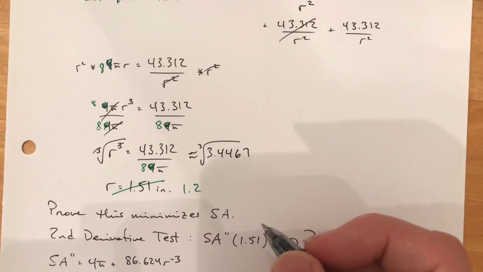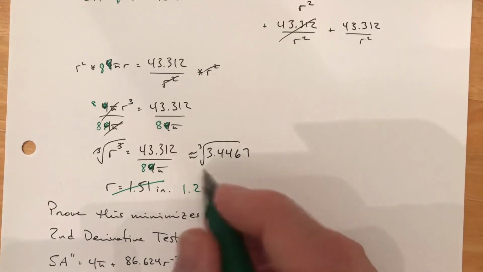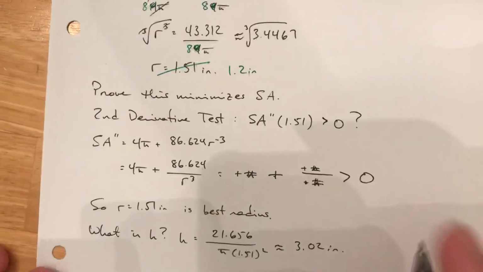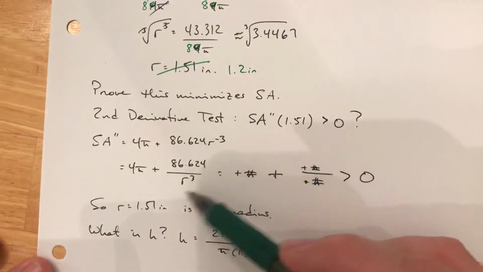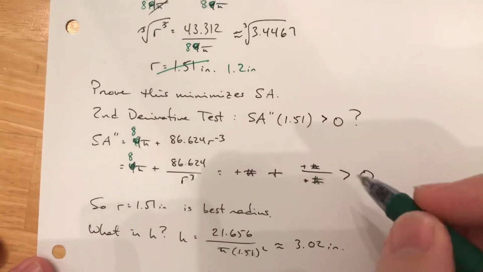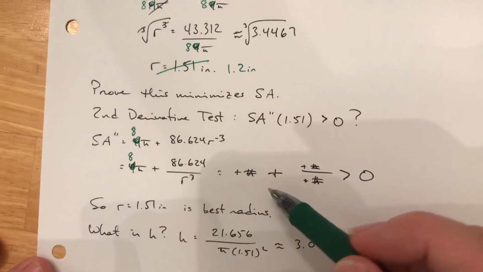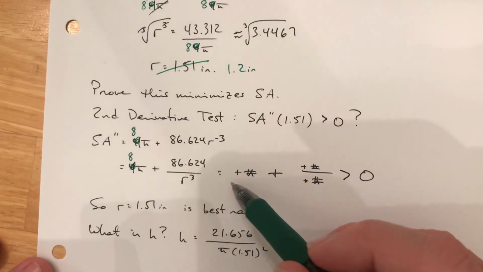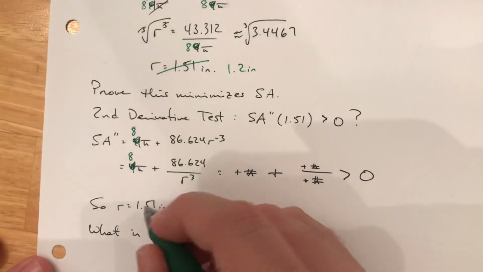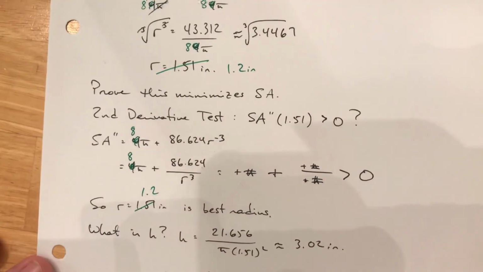My calculator says 1.1989. I'm going to round that off to 1.2 inches. The second derivative test, you can go through a little bit of this algebra, but what you're going to find ultimately is that we still have positive numbers added to other positive numbers, which is positive, and our new radius of 1.2 really is the best radius that we can have.